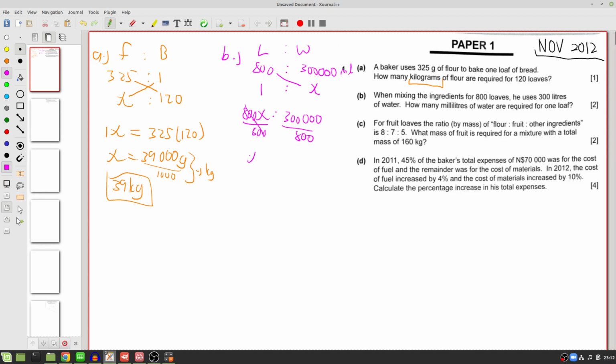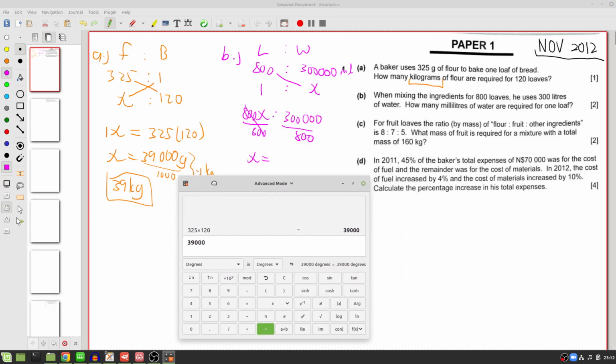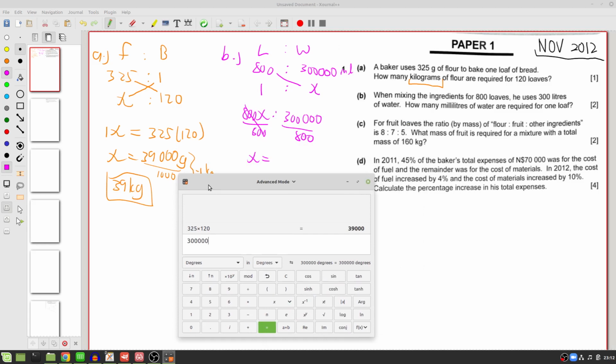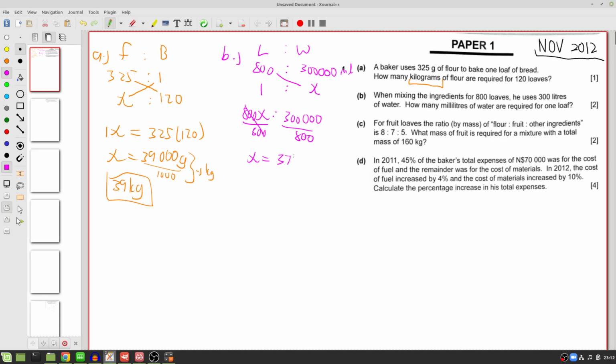Those cancel out and we've got x equals, and again, let's rip out the calculator. That's what they're there for. We're going to say 300,000 divided by 800, and that gives us 375. And remember to put your units so that you can get your full 100% at the end of the exam. Alright, question B.